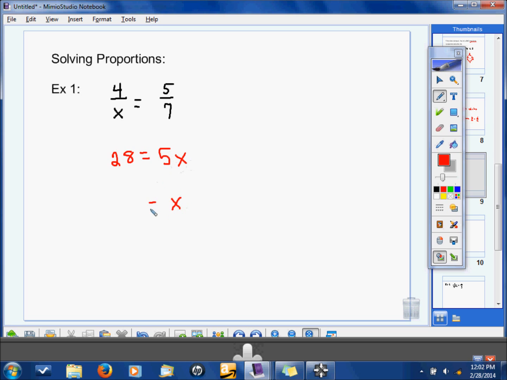So x equals 28/5. You can give an answer as an improper fraction, or 5 3/5 as a mixed number, or 5.6. I'm going to prefer the fractions. However, if the decimal ends, you can go ahead and give the decimal.